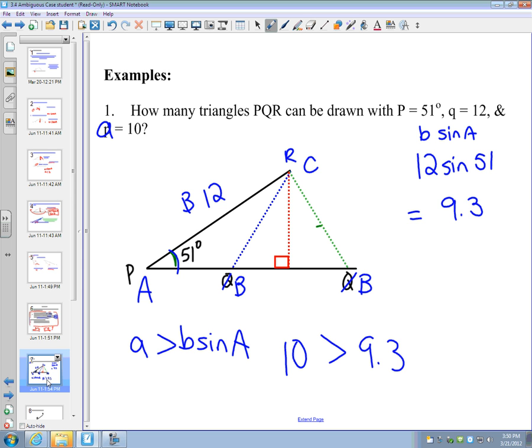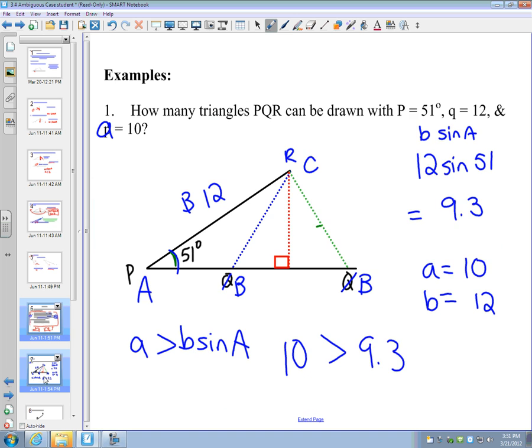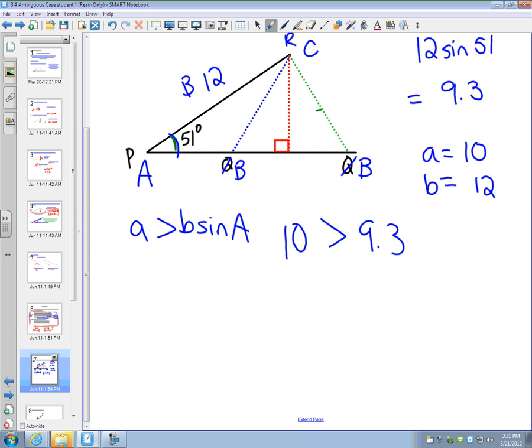A is 10. Side length B is 12. What are we looking for here? Is A less than B? Is 10 less than 12? Or is 10 greater than or equal to 12? We're looking at this case, so we can say that there are two triangles possible.